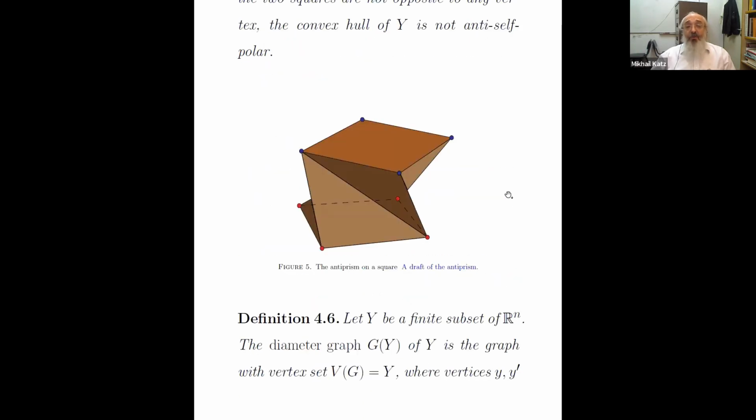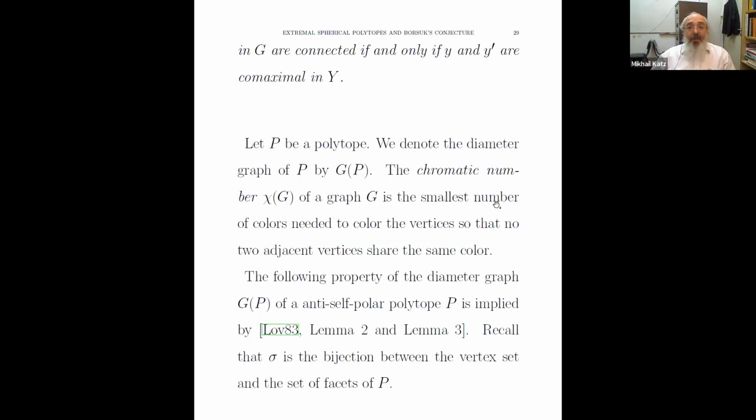Okay, so of course, to try to get to Borsuk, we're interested in the diameter graph of Y, because we're interested in the chromatic number of the diameter graph. The chromatic number, everybody knows what it is, how many colors it takes to color a graph, where the graph we are trying to color is the diameter graph of the polytope.